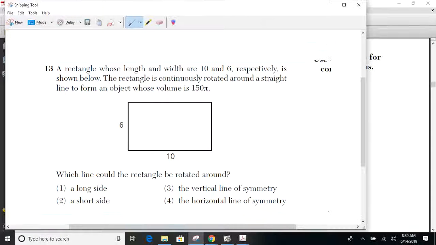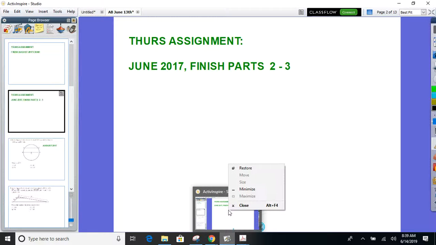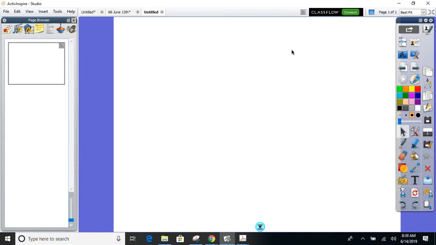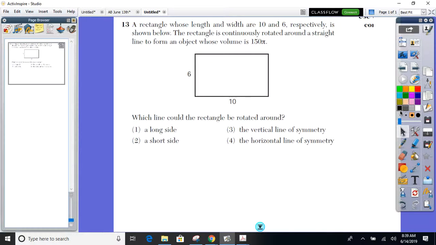Everyone take a look at 13. Again, we're on August 2017. Here's the deal here. I am going to rotate this rectangle around a straight line.